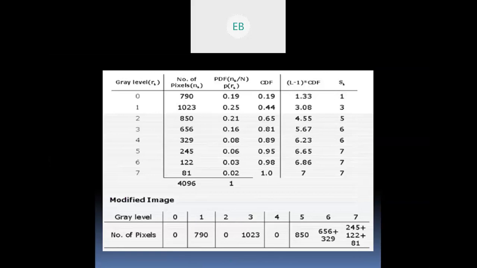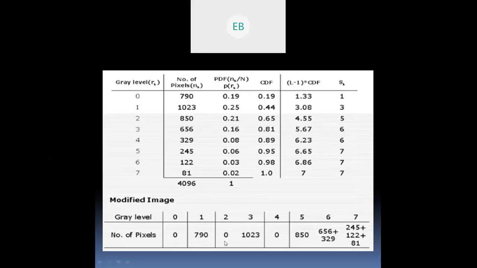Remember? For gray level 0 it was 790, but now 790 has shifted to gray level 1, because this is the intensity value of the output image. So for gray level 0 the number of pixels has become 0, and 790 has shifted to gray level 1.